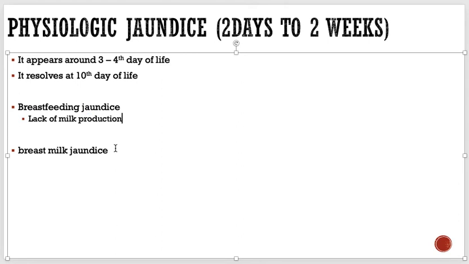So when there is lack of milk production, the babies become dehydrated, and once they become dehydrated, the physiologic jaundice is exaggerated.